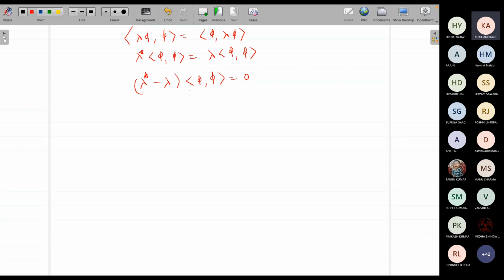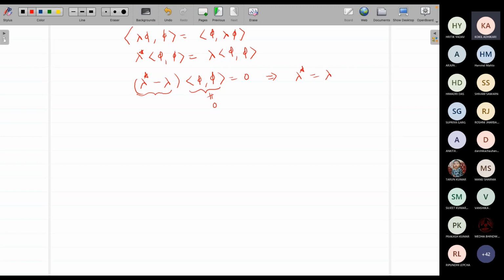So what happens now? I have this phi, which is nothing but the non-zero eigenvector of this Hermitian operator, and I have this. So this phi comma phi, the norm of phi, cannot be 0, right? This is again by definition. So what will be the consequence? Lambda star is the same as lambda.